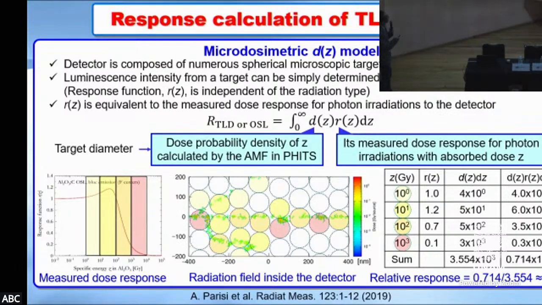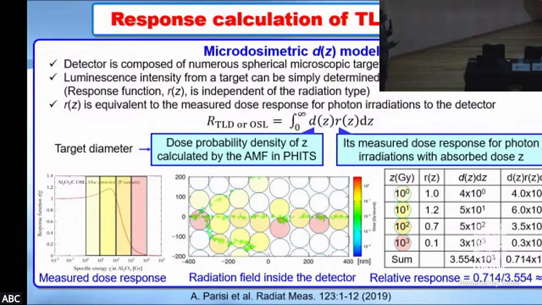And with these assumptions, the response of TLD or OSL can be estimated from the integral of the product of the dose probability density of Z calculated by the AMF in PHITS and its measured dose response for photon irradiation with the absorbed dose Z. For example, if we have a measured dose response like this, with absorbed dose or specific energy, for 1 gray, 10 gray, 100 gray, and 1,000 gray photon irradiations, like this.